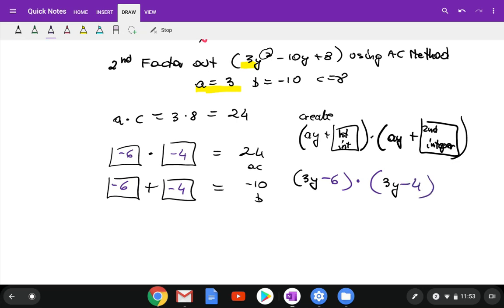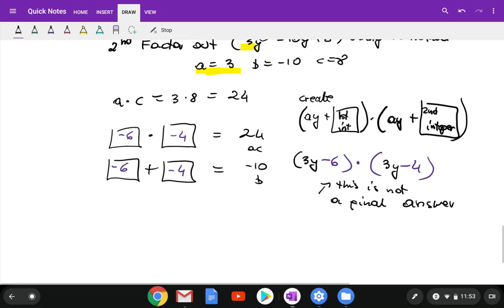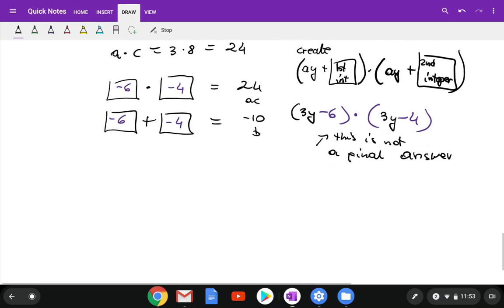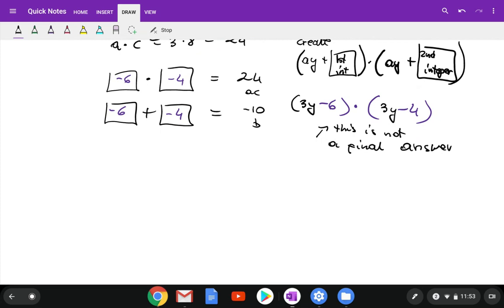Okay, so again, this is not the final answer. Don't forget that when you create those two factors, you need to factor out the GCF from each group, okay?